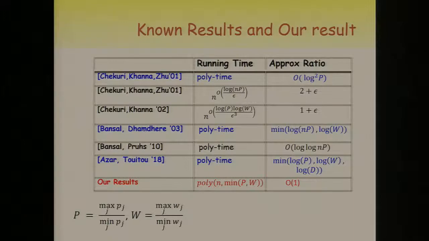This is not truly polynomial time because P and W could be exponential, but assuming that P and W are polynomially bounded, this is the first constant factor approximation algorithm for this problem. And I'll say a bit about what subsequent work has happened on this problem later.